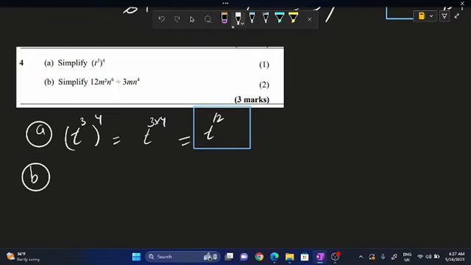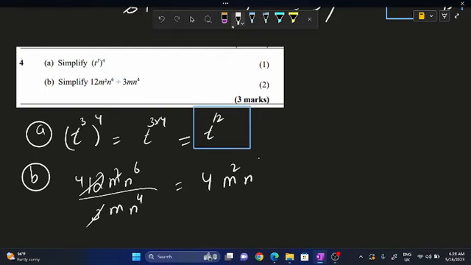B part is simplify 12 m square n raised to the power 6 over 3 m n raised to the power 4. Now 12 divided by 3 is 4. So it can be written as 4 m square n raised to the power 6 over m n raised to the power 4.